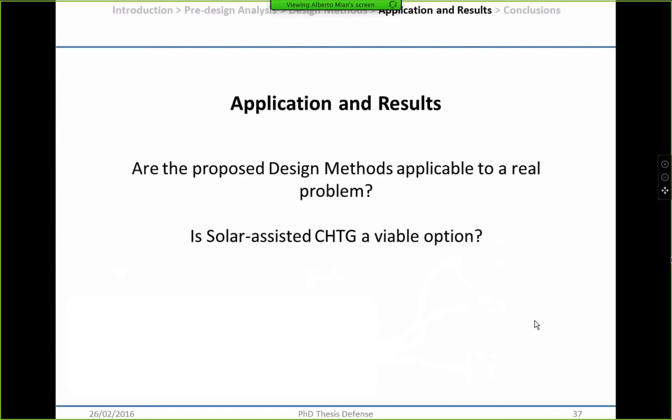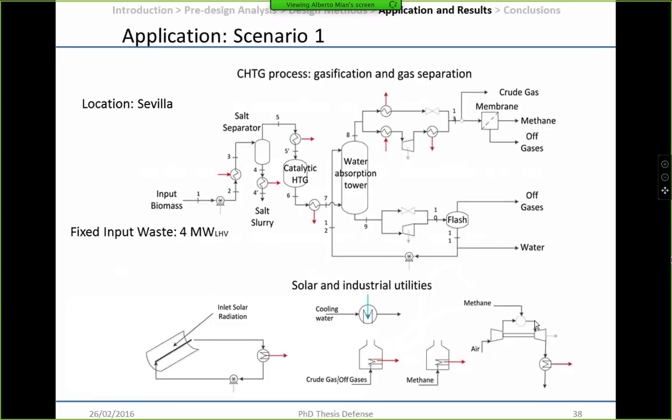Finally, given this approach, I applied the framework for the multi-objective optimization of energy systems for solar-assisted hydrothermal gasification. The goal was to see what are the most promising paths in terms of utilities and if solar-assisted hydrothermal is a viable option.